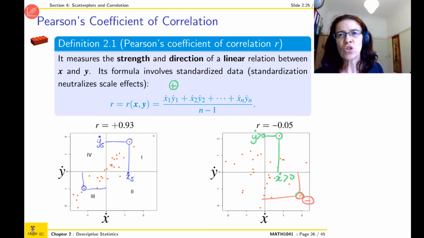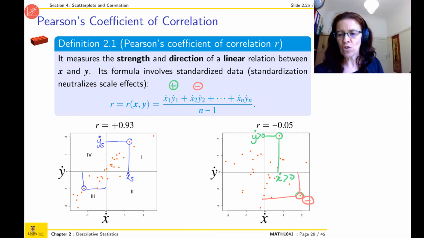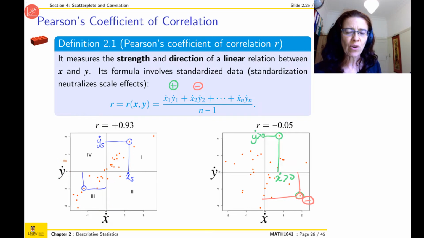So the contribution to the sum is something negative. So now I'm getting something negative. So when I add them, I will get some compensation, and I'm more likely to get something close to 0, which is what is happening there. And so what you see here, these two lines, which correspond to x dot is 0 and y dot is 0, really tell you that's where the mean is.